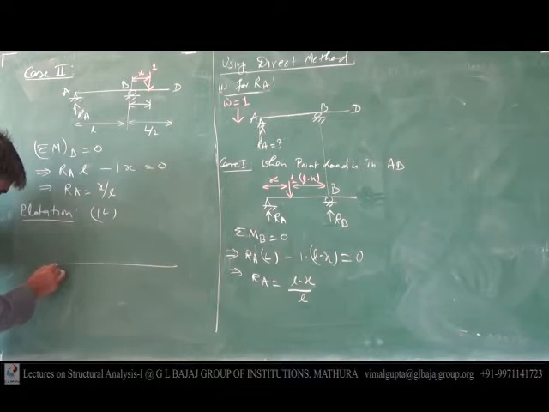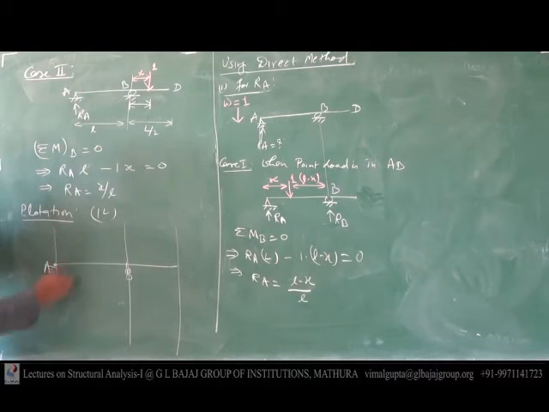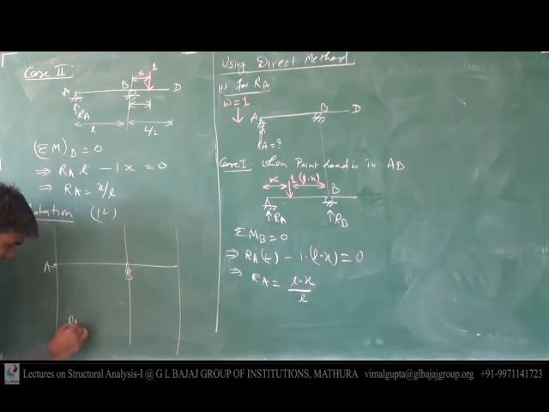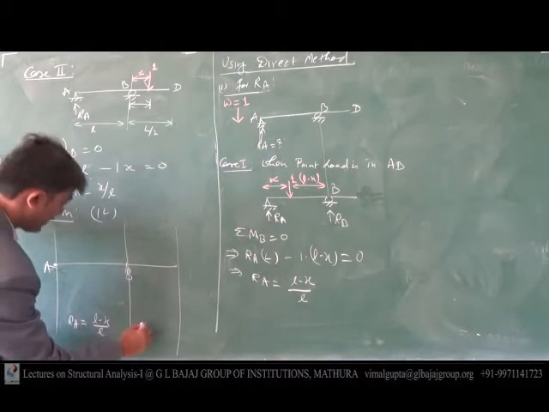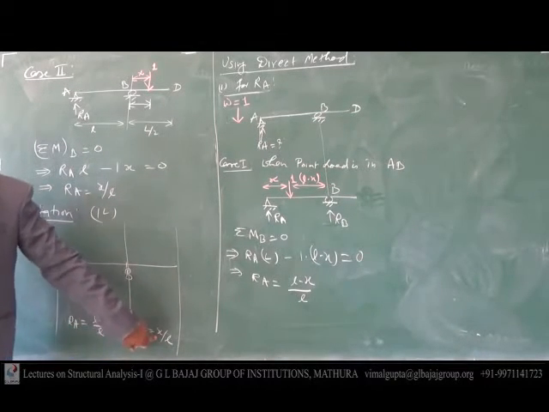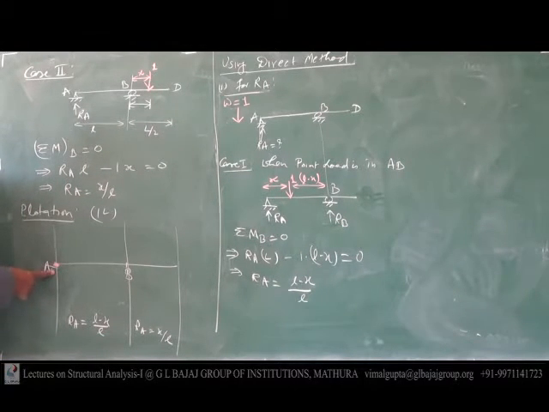This point is point A, this point is point B. For this segment we have this equation: R equals L minus X by L, and for this segment R equals X by L. In this case the origin point is B, and for the other segment the origin point is A. When X equals 0, what will be that value? 1.